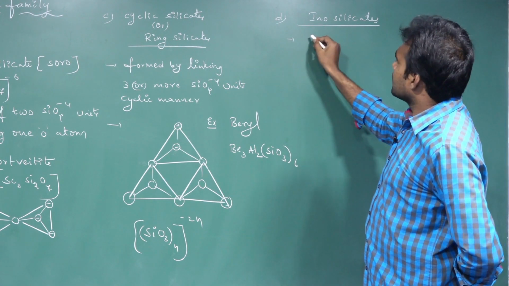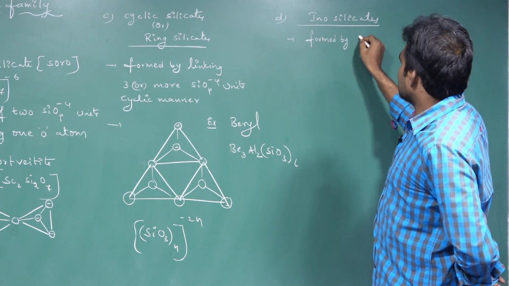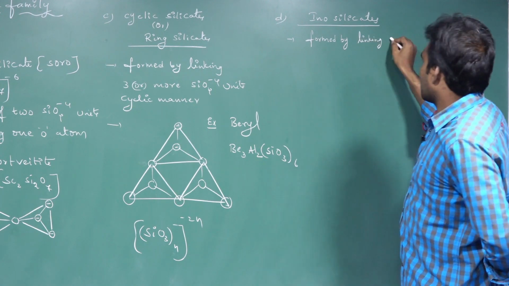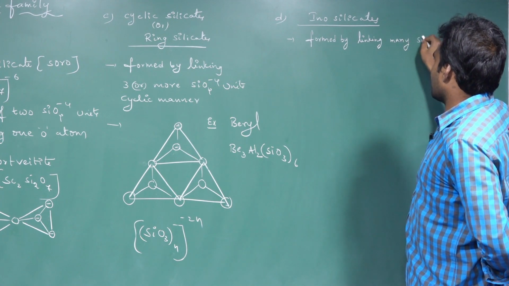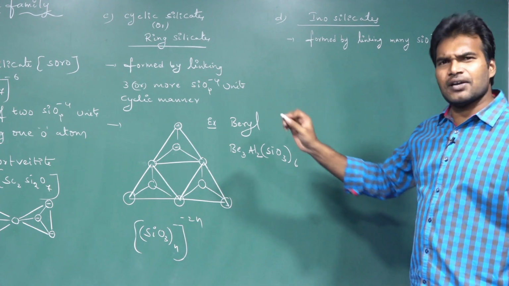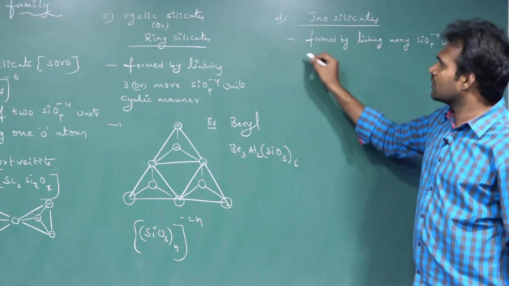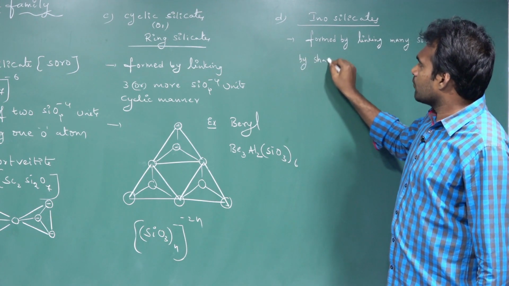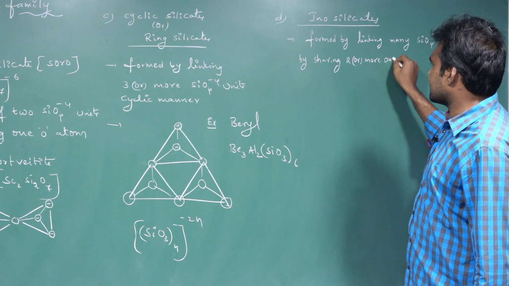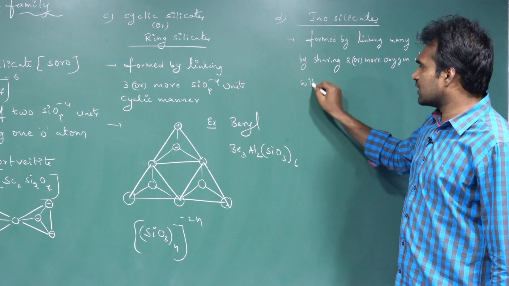Inosilicates. So how do we define inosilicates? The inosilicates are formed by linking or joining many SiO4^(4-) units, many silicate units, and sharing 2 or more oxygen atoms with others.